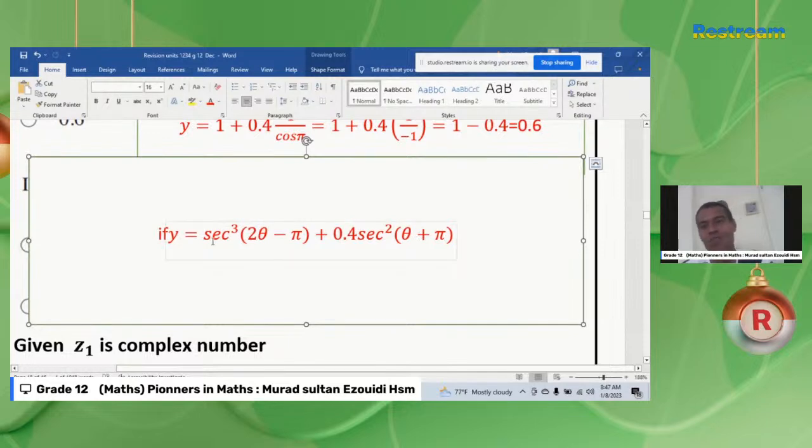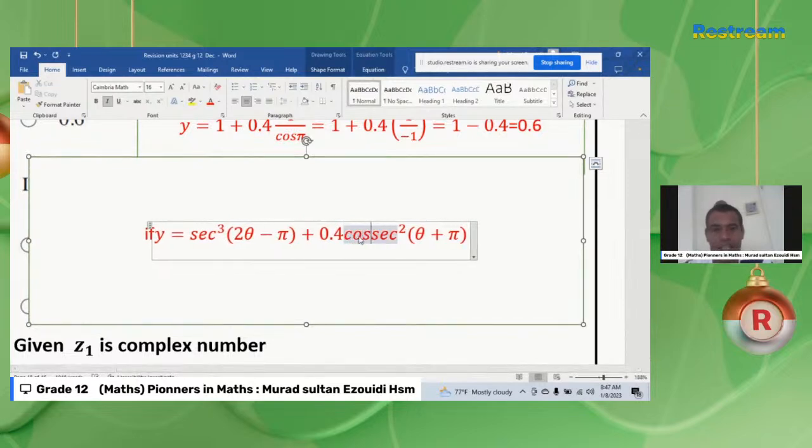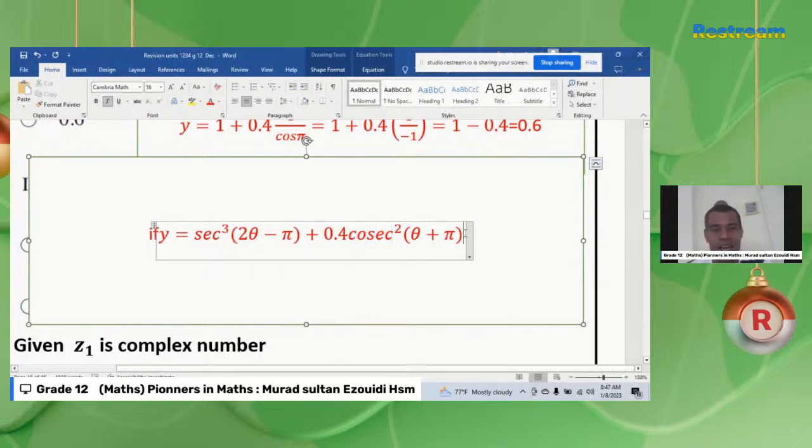First of all, you should reverse sec cubed with 1 over cosine cubed, and this is cosec squared. Now I'll write it like that.